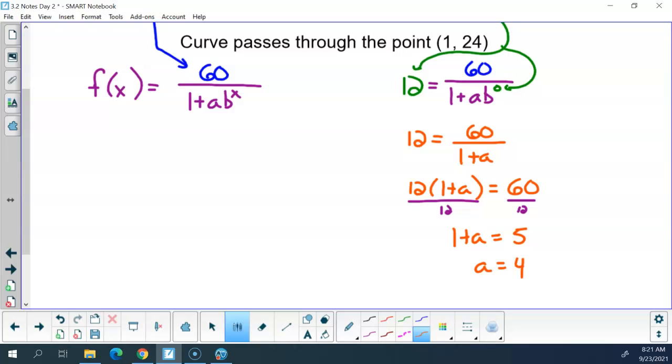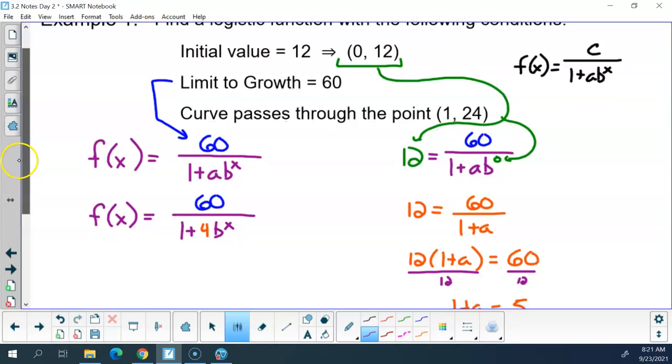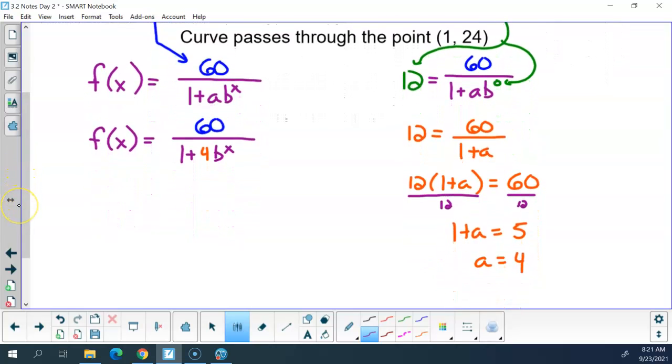Okay. So now my function becomes that, right? So we've used 2 of the 3 things that we were given. So what do you think we should do now? The third thing, right?